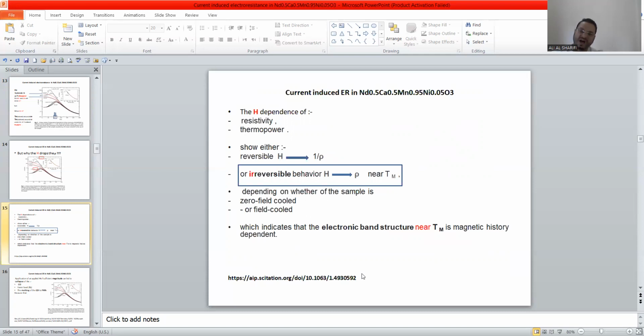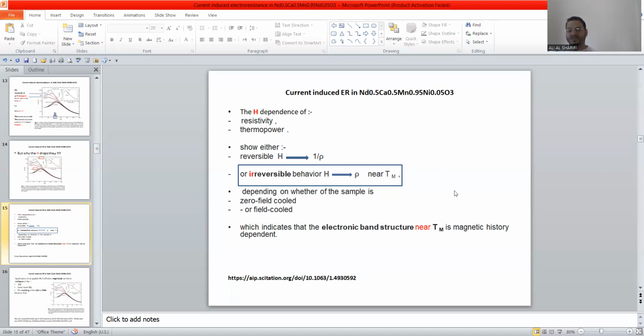At the same time, irreversible behavior between the magnetic field and resistivity, but near the insulating metallic transition. That means two different behaviors, dependent on being near or far from the insulating metallic transition. When far from the insulating metallic transition, the relation between them is reversible.